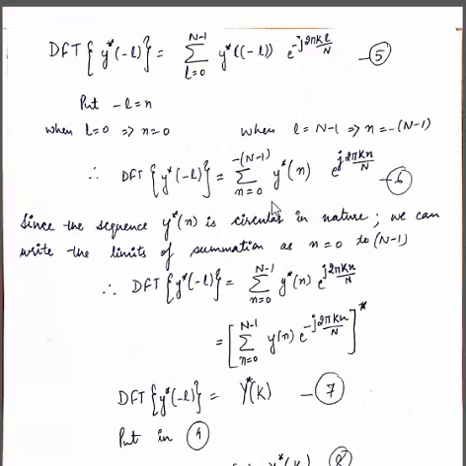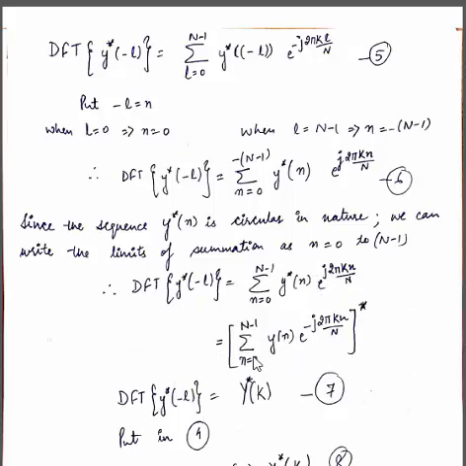We also know y conjugate of n is circular in nature, so we can write the limits of summation as n from 0 to N minus 1, that is y conjugate of n e raised to the power plus j 2 pi k n over capital N. Now take the conjugate as common. If we take the conjugate as common, the imaginary term turns from positive to negative.